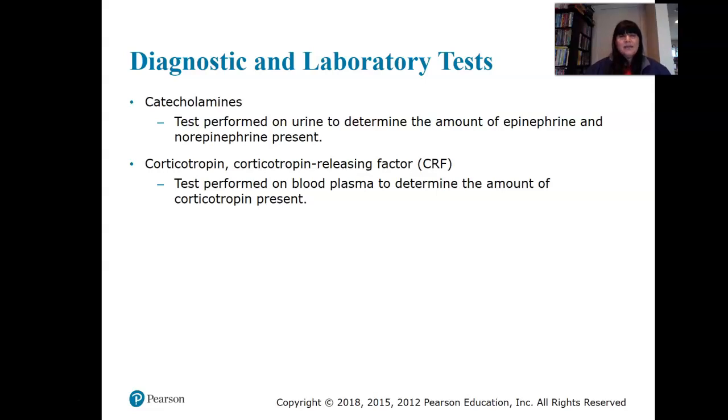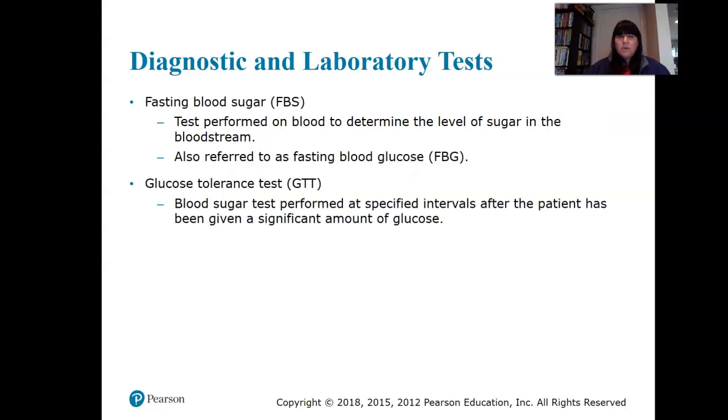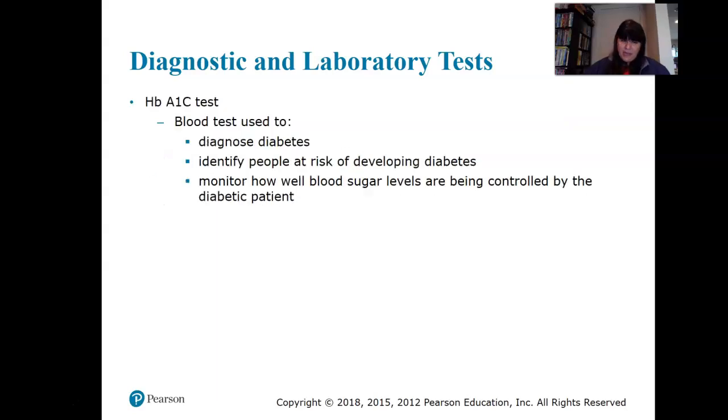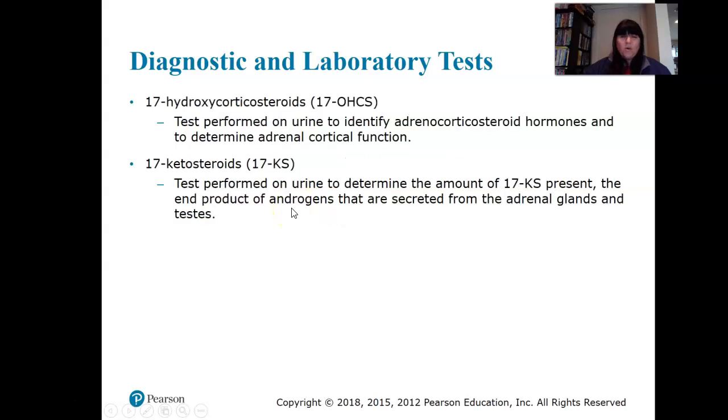Catecholamines, so the tests, a lot of the tests, we take blood and we can look at the hormone levels. Oh, you've heard of fasting blood sugar, glucose tolerance tests. Those are looking for diabetes. HbA1c, that has to do with diabetes. Also, there's the A1C levels, identifying people at risk of developing diabetes, monitor how well blood sugar levels are being controlled.